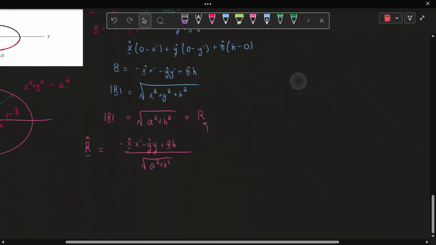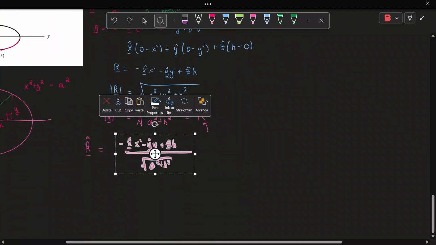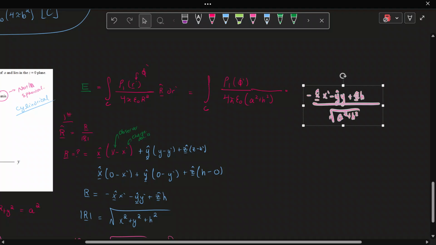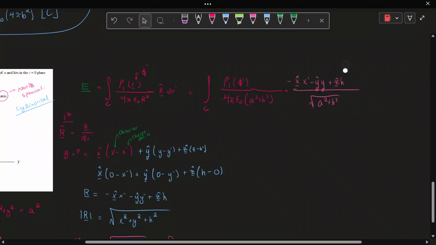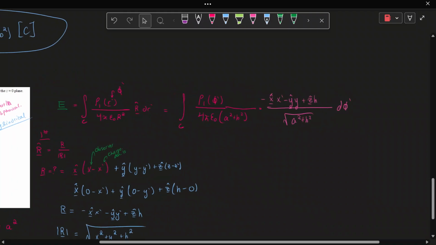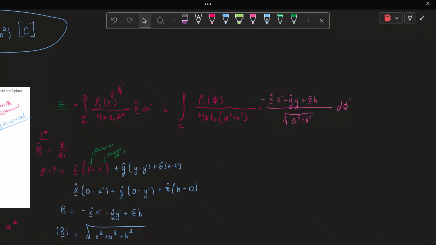Okay, so we already wrote this, so I'm just going to copy and paste it. And then it's not really going to be dr prime anymore. It's going to be d phi prime, because that is what the charge density will change with respect to. It won't change with r prime, and it won't change with z prime. So it's only going to be changing with phi prime. That's why we have that phi prime.